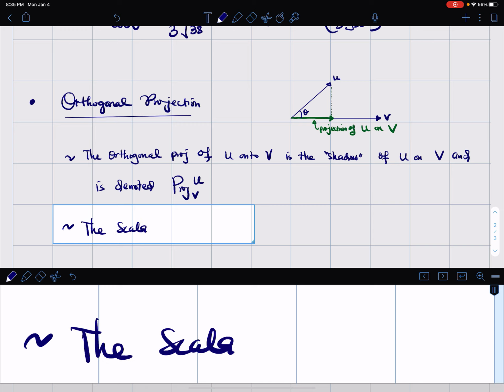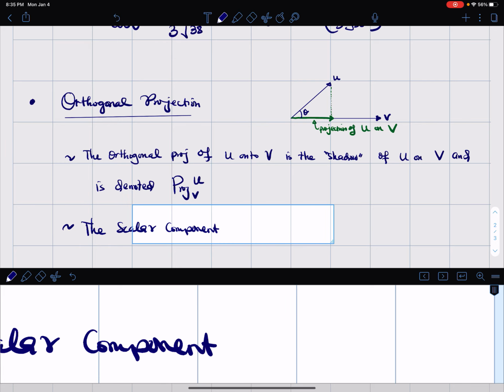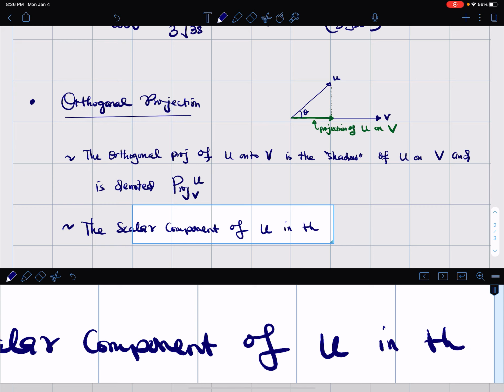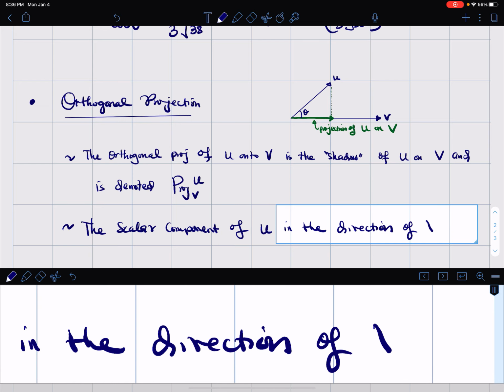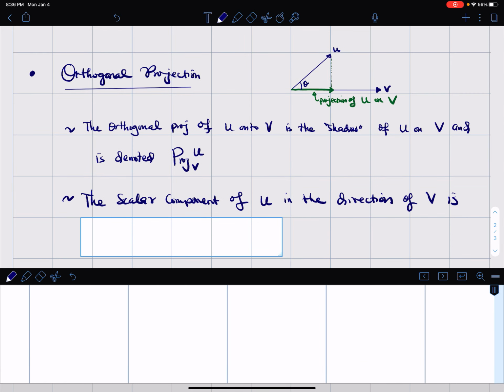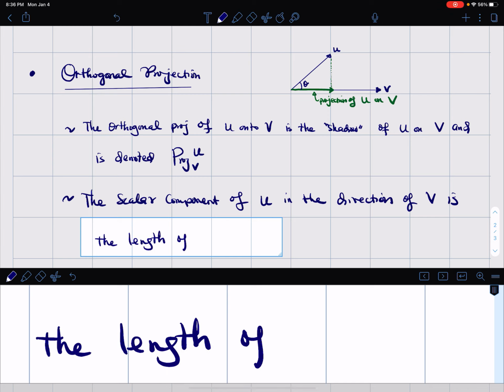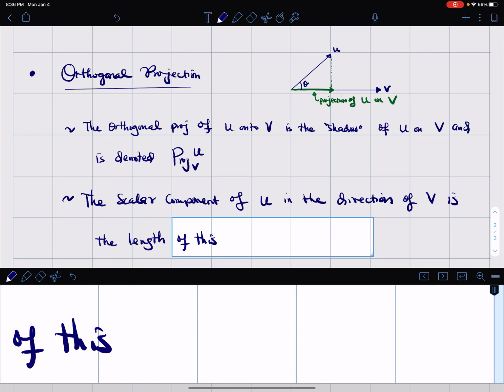Now the scalar component of u in the direction of v is the length of this so-called shadow.